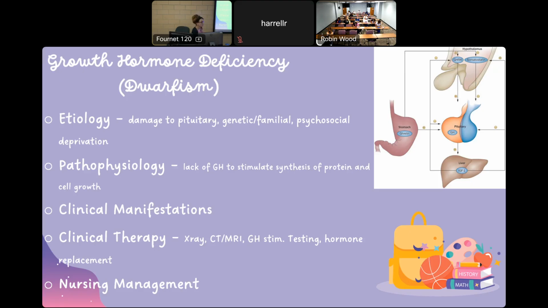A lot of times they'll get an MRI of the brain just to rule out any structural abnormality, to make sure we're not dealing with any tumors or anything like that. And then we'll also see them get x-rays of the kiddo's hands to determine their bone age, which I have a picture of on the next slide that explains that.